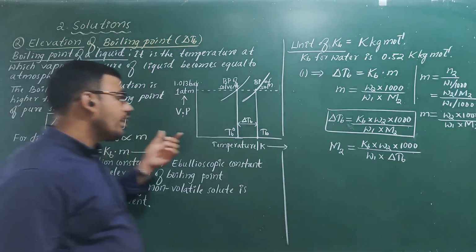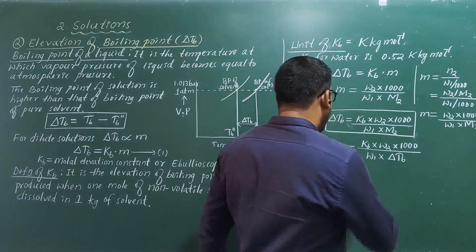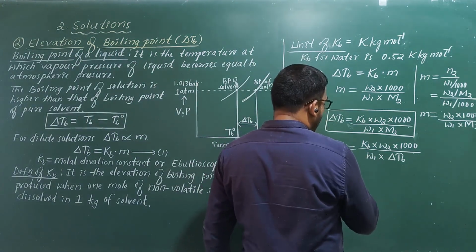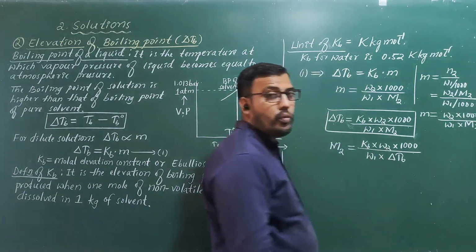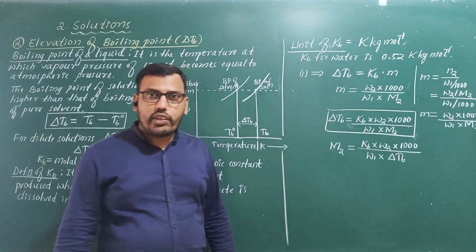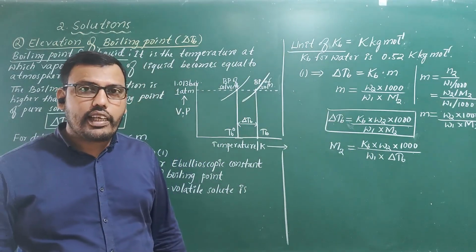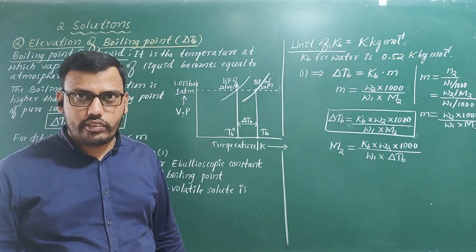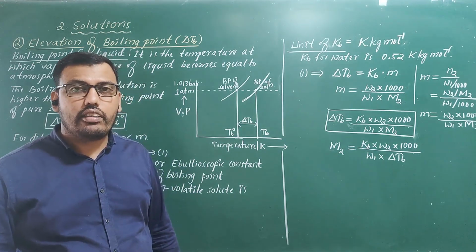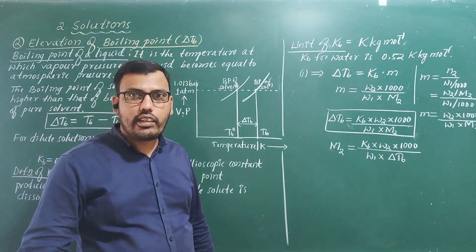Like that we can calculate delta Tb, and after substituting you can get the value of M2. So this is about elevation of boiling point. We'll solve some two problems on this concept.